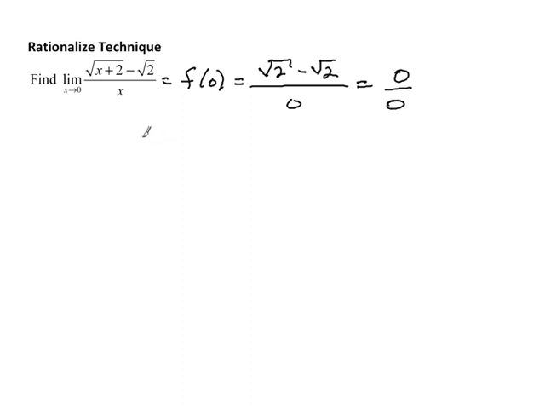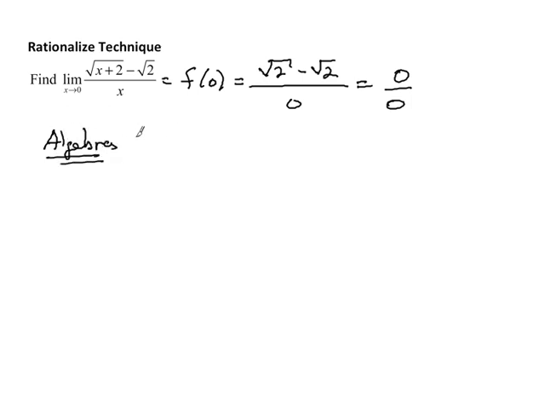Okay, so what am I going to do? I can't factor this. I mean, long division is not going to work. But what I can do is use a rationalization technique. If this was in the denominator, back in algebra and probably pre-calculus, you would have rationalized the denominator. Well, let's use the same technique to rationalize the numerator and see what happens. So I'm just going to work on a little bit of algebra here.